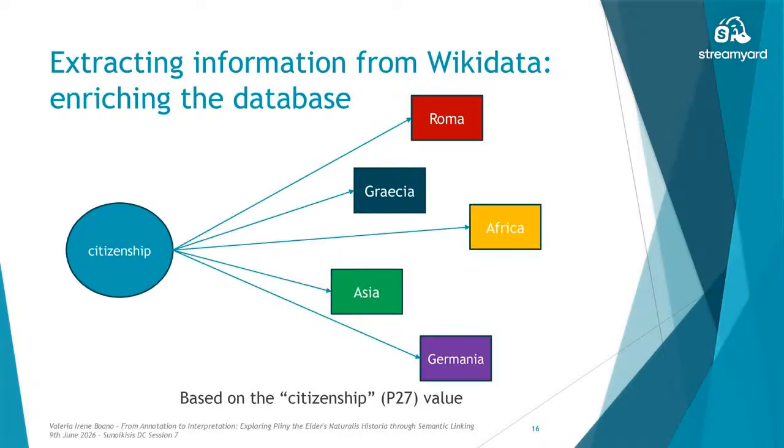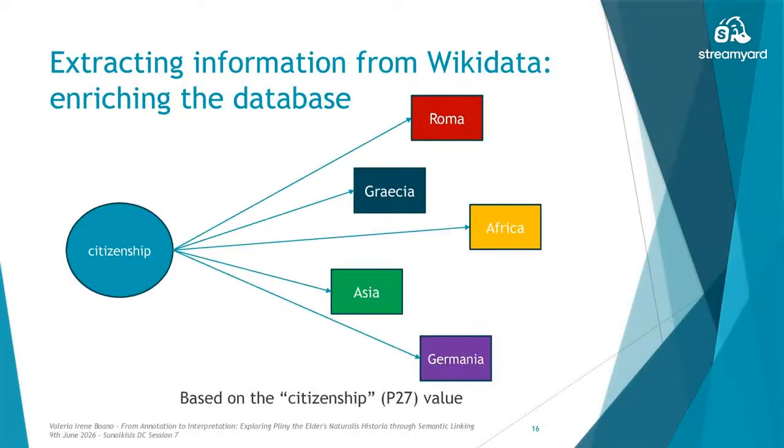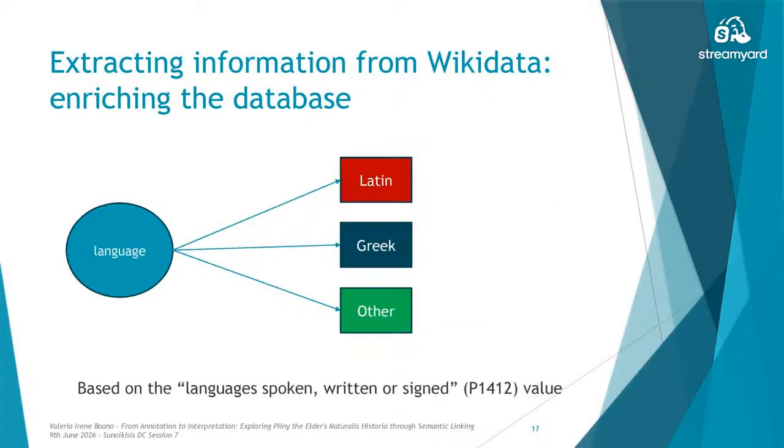Then I decided to focus on citizenship and language. For citizenship, I divided my individuals into 5 groups: Rome, Greece, Africa, Asia, and Germanic area. Whereas for the language, I divided them into Latin, Greek, and other. For the geographic criterion for the citizenship, I followed a very basic modern criterion.